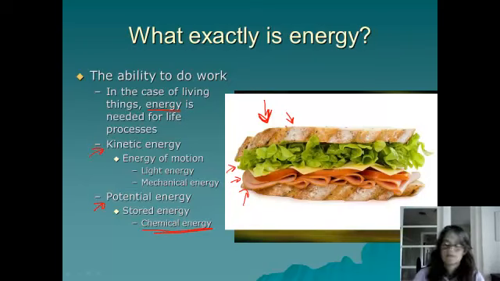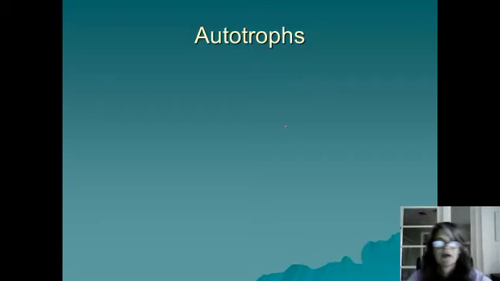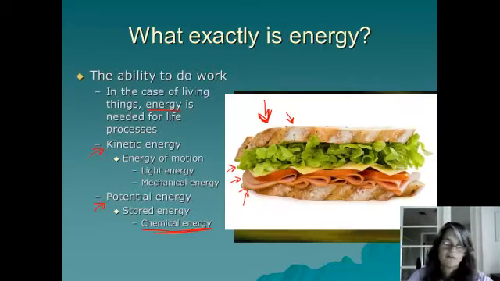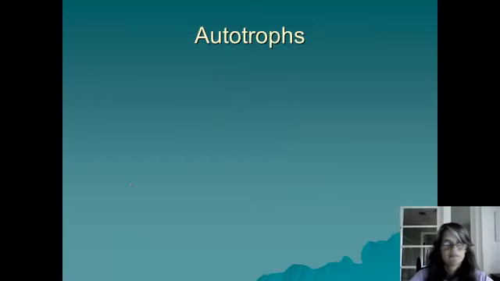Remember, everything on Earth is made up of molecules and atoms, and when those molecules and atoms are put together, if we break them apart, we can get energy out of them. This is storing chemical energy. And that's what we really need to think about in terms of life and energy forms that are useful to life. The chemical energy is enormously useful, as is light and mechanical energy. Okay?